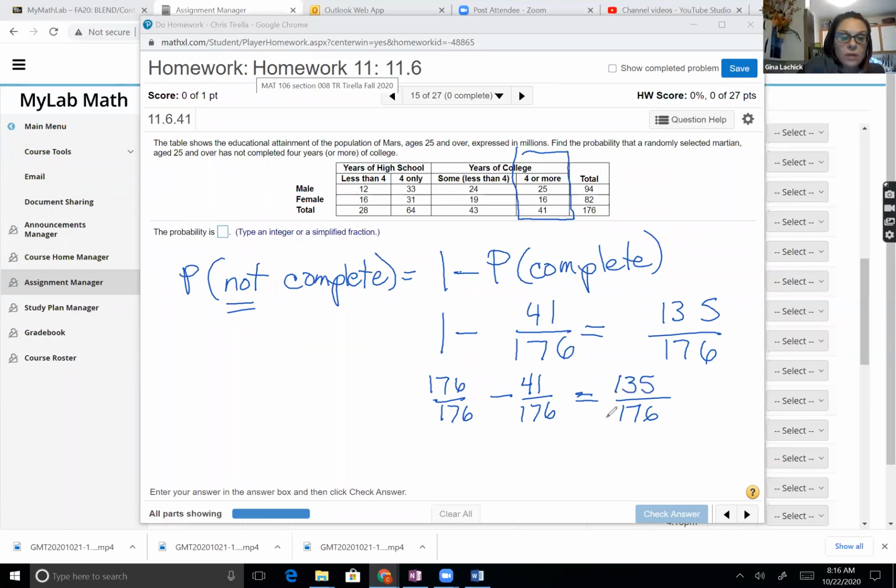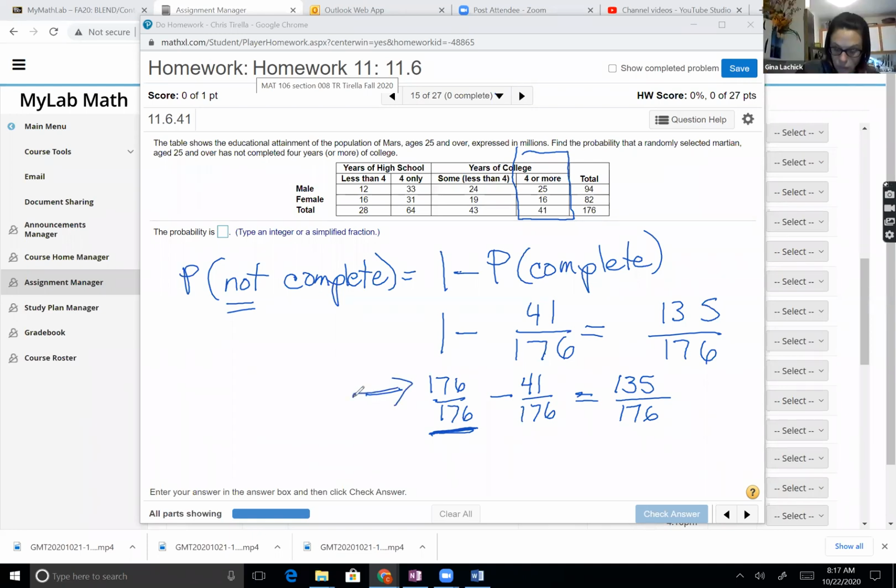Oh, okay. And I'm going to tell you that I'm lazy. Because I know that 1 is going to be 176 over 176, when I subtract a fraction from 1, I usually in my head subtract the numerator from the denominator and then put it over the denominator. But this is the why of it.